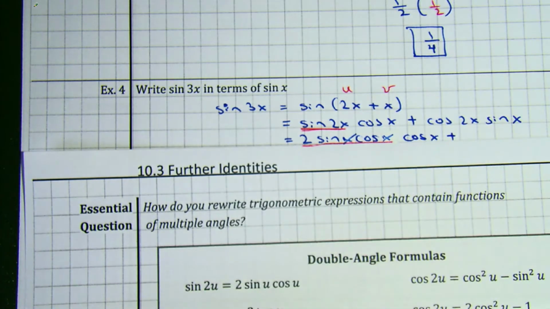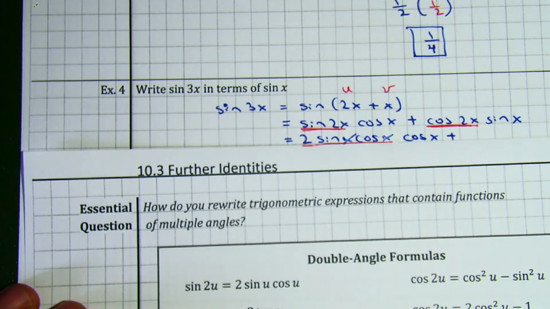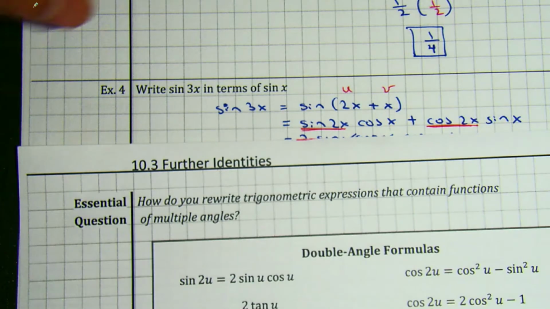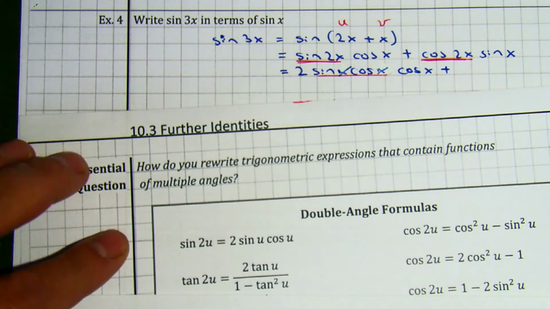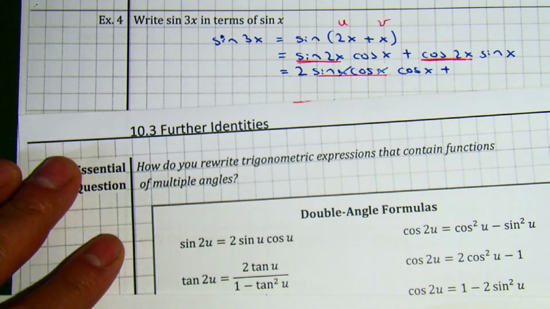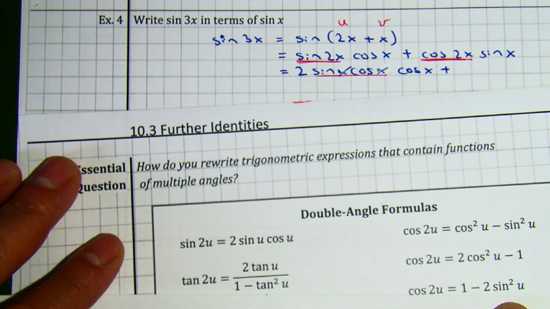plus. Now I'm going to replace the cosine of 2x, and I have 3 choices. So I need to be able to decide which one to use. Should I use the first one, the second one, or the third? Now, because they want us to have sine of x, I'm just going to use the third one.